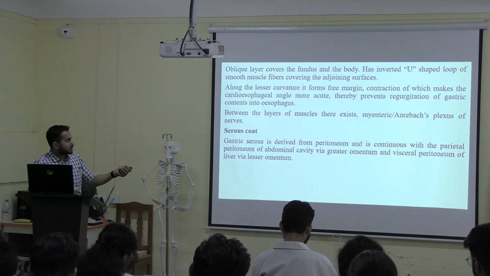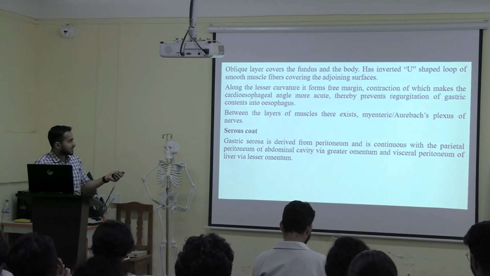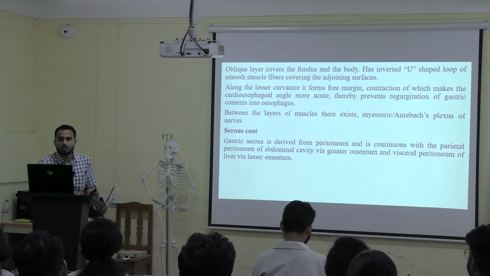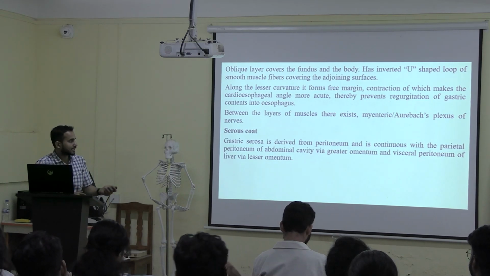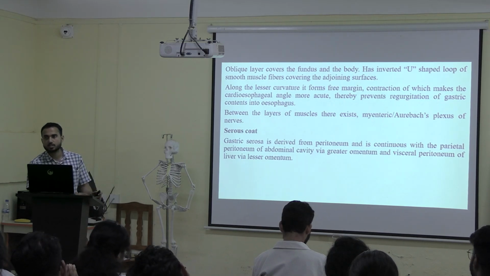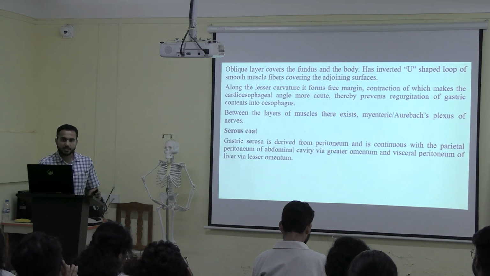Next, see here also myenteric plexus is available. Myenteric plexus is also present. And lastly, the serous coat, where gastric serosa is derived from peritoneum. That's why you will be getting the serosa. So in serosa, exactly what will be present? Can anyone tell me which cells are present in the serosa? Serosa means peritoneum.